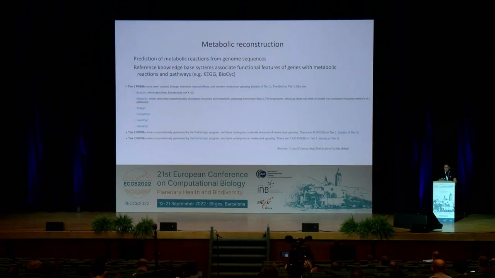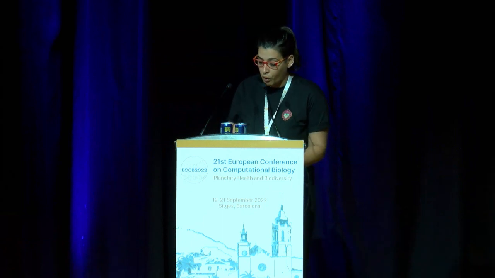Tier 1 has extensive review and continuous updates. Tier 2 is generated computationally, but has undergone some amount of review and updating. And lastly, tier 3 is computationally generated without any review or updates.